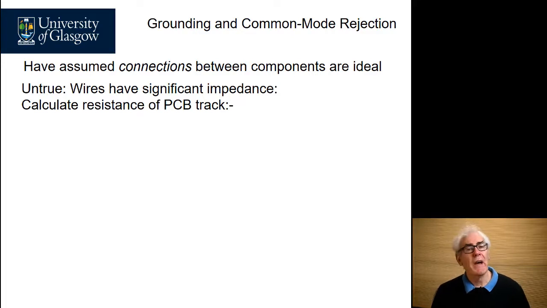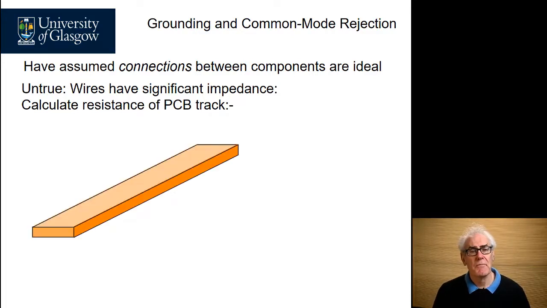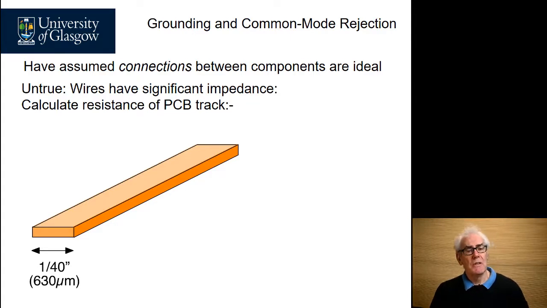Let's have a quick look at calculating the resistance of a circuit board track on a printed circuit board. So here we have a piece of copper sitting on top of a circuit board, and we're going to assume that it's just over 0.5 millimeter wide, about 630 microns.